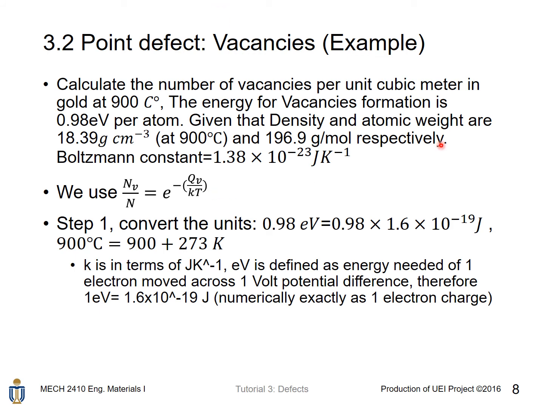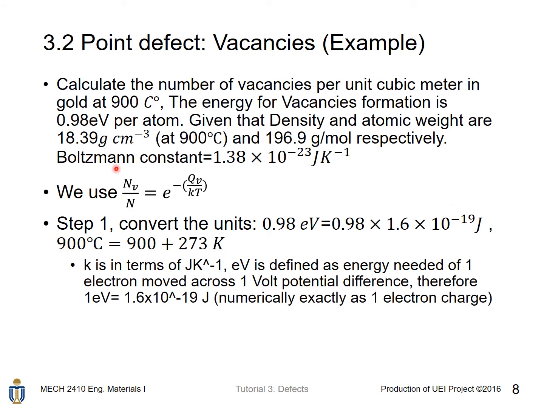First thing we need to do is convert the units. 0.98 eV is equal to 0.98 times 1.6 times 10 to the power negative 19 joule. 900 degrees Celsius is equal to 900 plus 273 Kelvin.